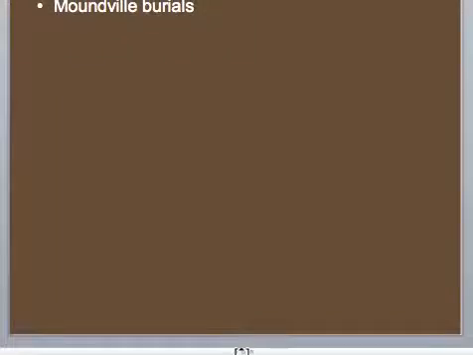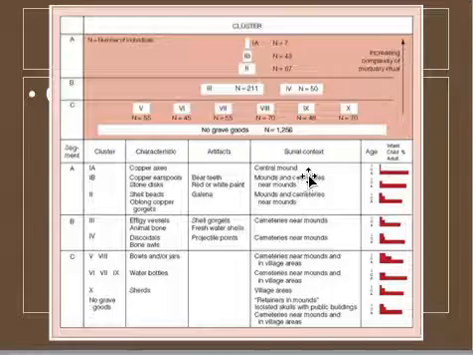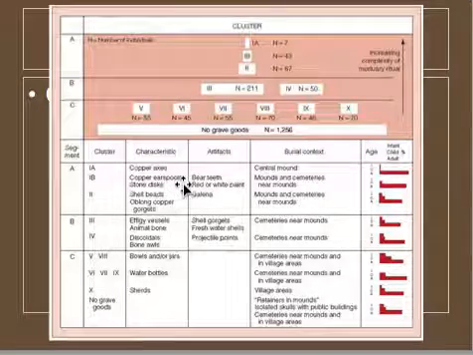So for example, Moundville is a site down in southeast North America, roughly the same time period as Cahokia. They found 3,100 burials from different time periods, and there were different levels. So the very top level, people were buried in mounds. They had copper artifacts. They had shell beads.